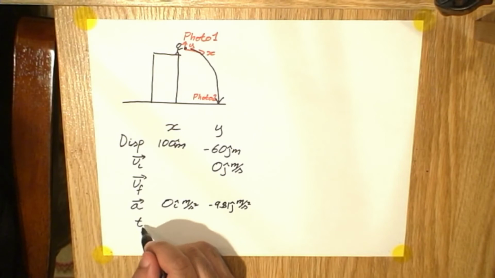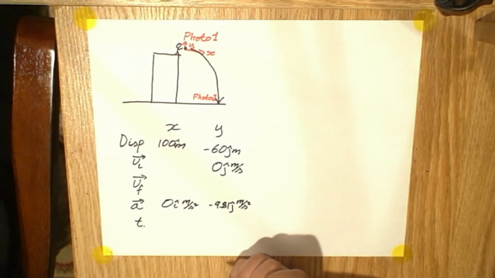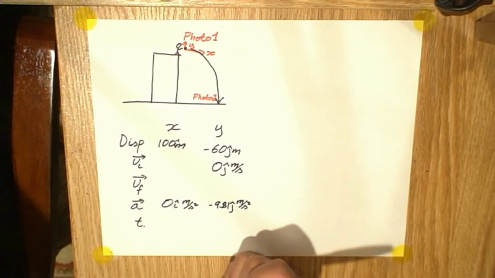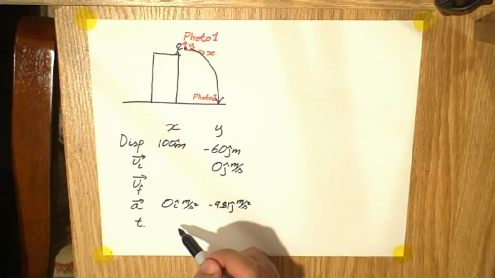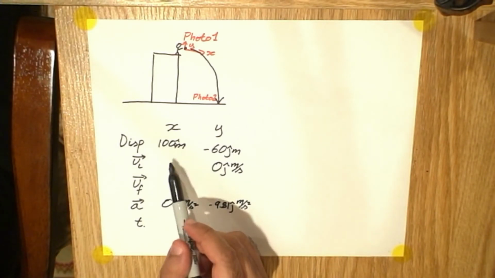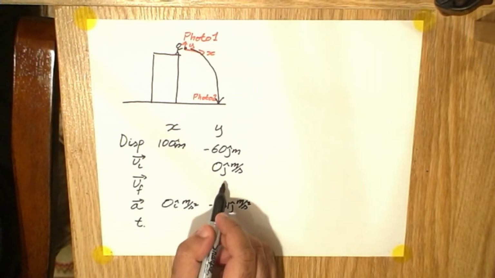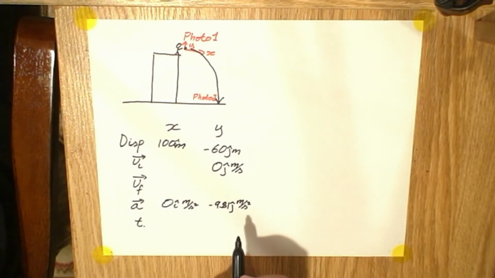The time also is unknown. Now, for this question, we were asked to find the time first, followed by the launch velocity, followed by the final velocity, and then the final velocity has to be turned into polar. So, let's do these in order.